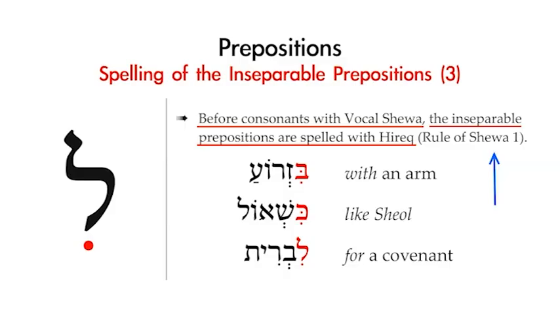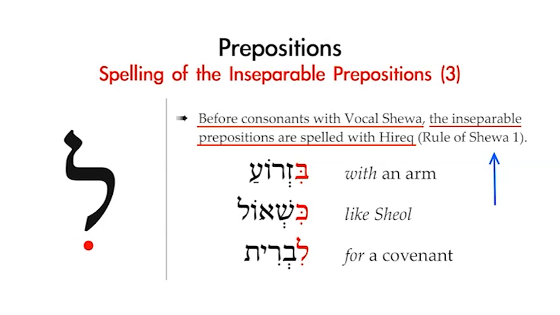Now the normal spelling of the preposition beit is with a vocal schwa under it. So let me just add the vocal schwa to this preposition here and here. Now because of the application of the rule of schwa, or rule of schwa 1, you cannot have two vocal schwas at the beginning of a word, and so it changes to a hirik in a closed syllable. And that's what we have in each instance.